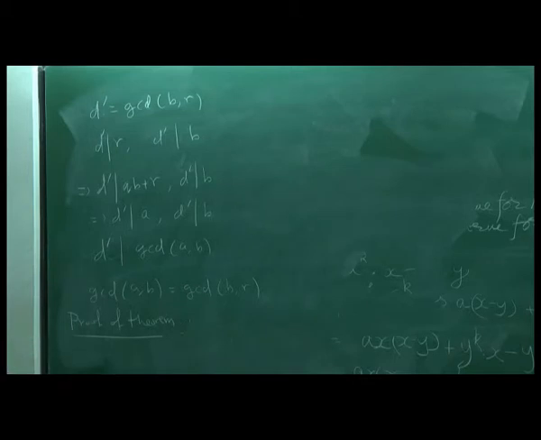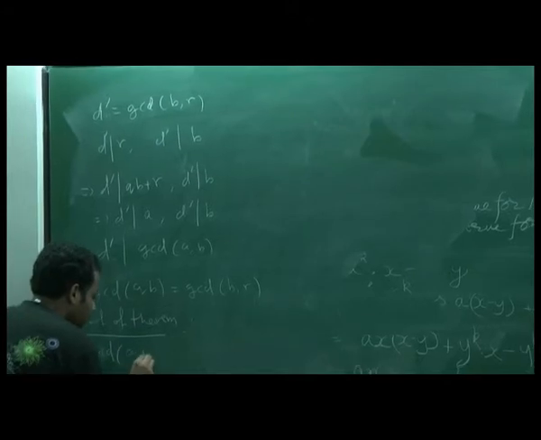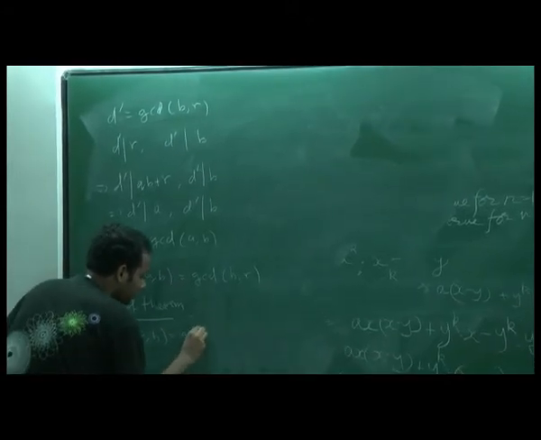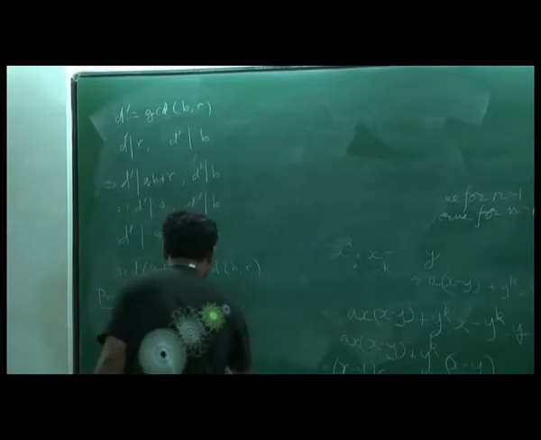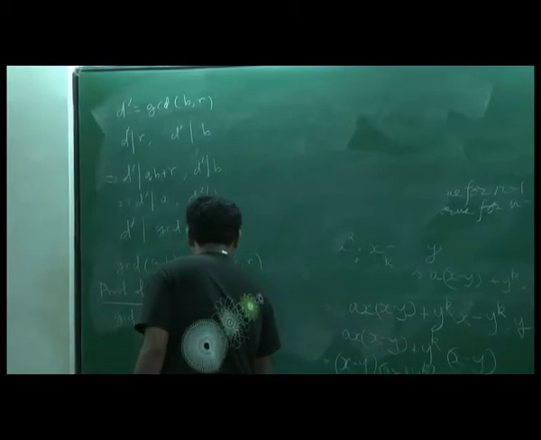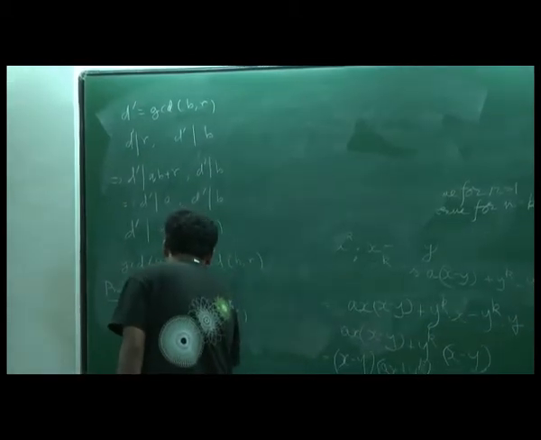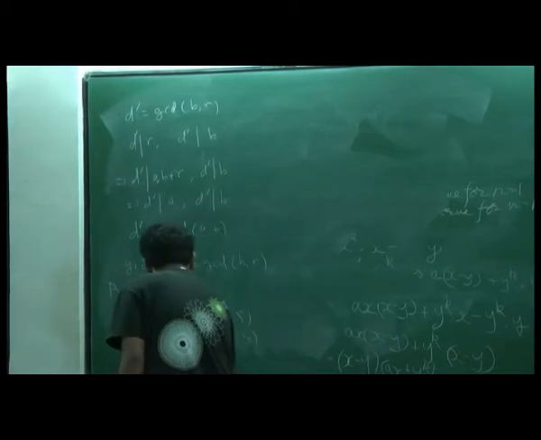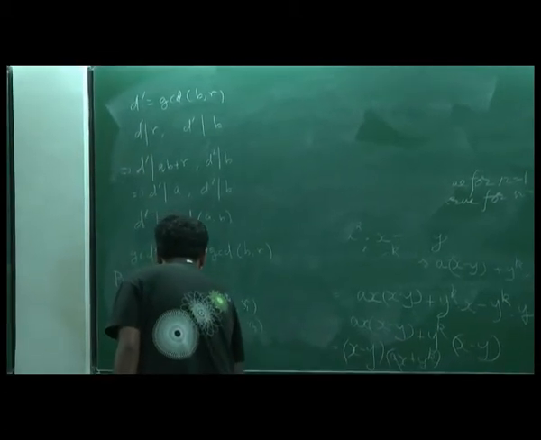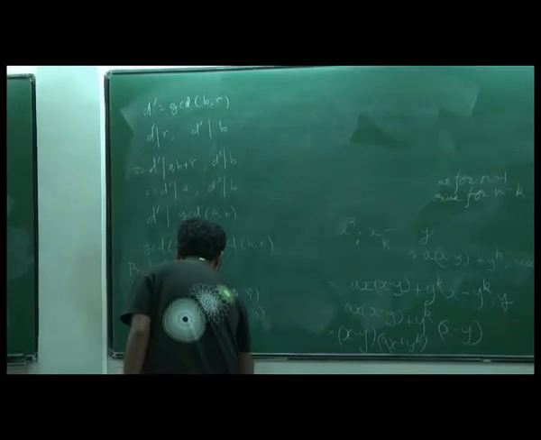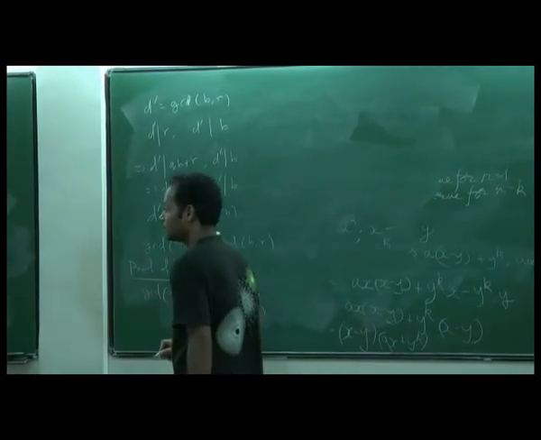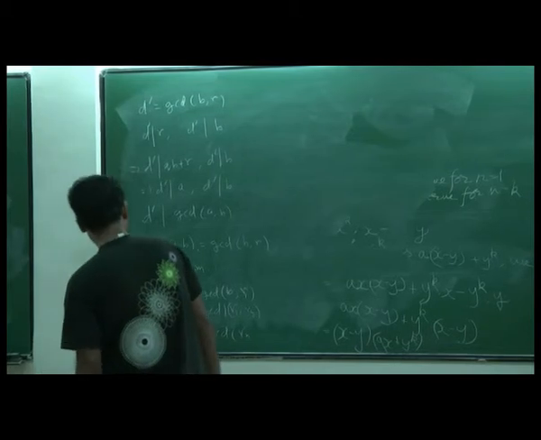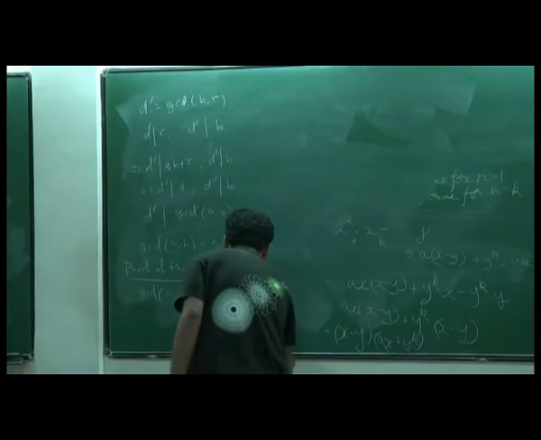So what is the proof of the theorem now? GCD of A, B is equal to GCD of B, R1, which is equal to GCD of R1, R2, and so on, up to GCD of Rn and 0, which is equal to Rn.